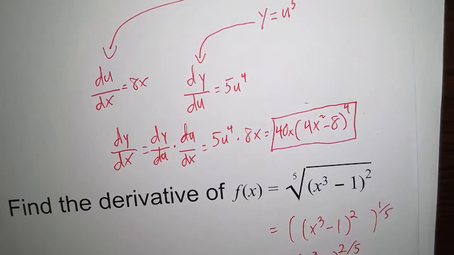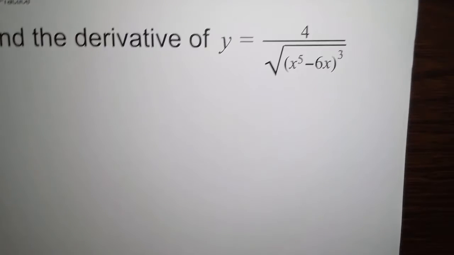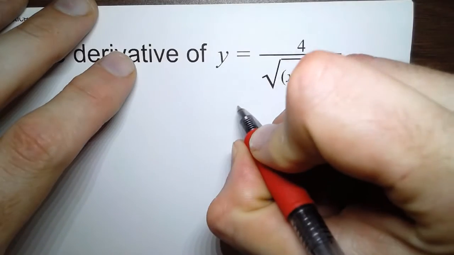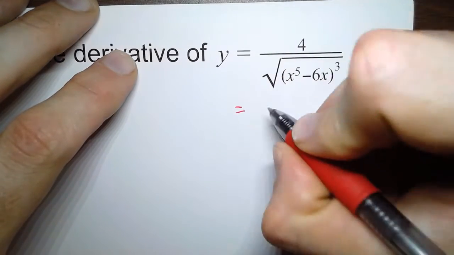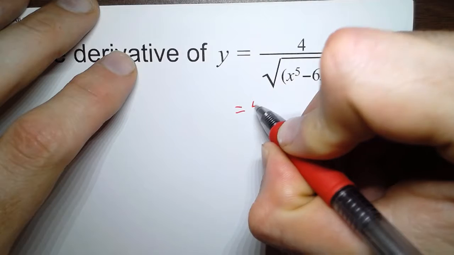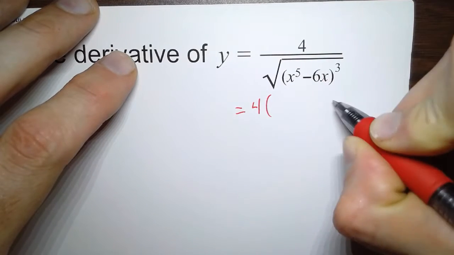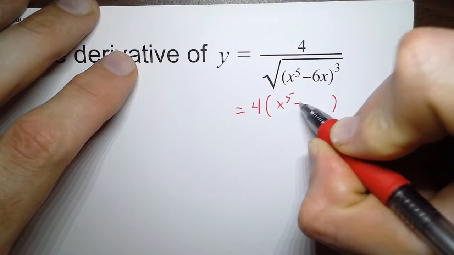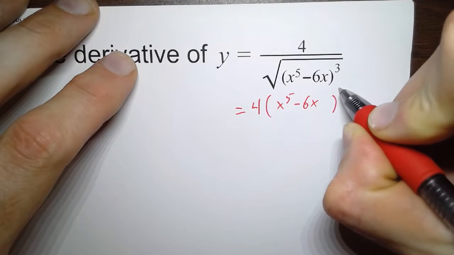So let's look at the next one. So the next one, this again has another radical, but this one is in the denominator to begin with. So let's rewrite this. 4. Now inside this radical we have x to the 5th minus 6x quantity cubed.